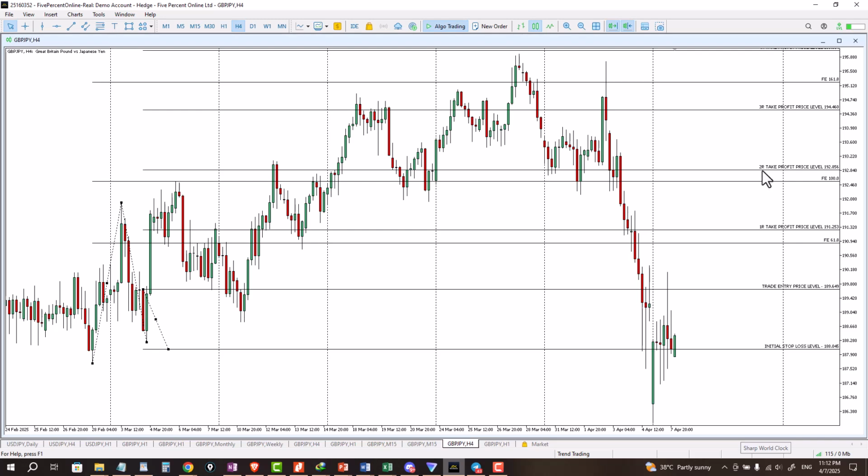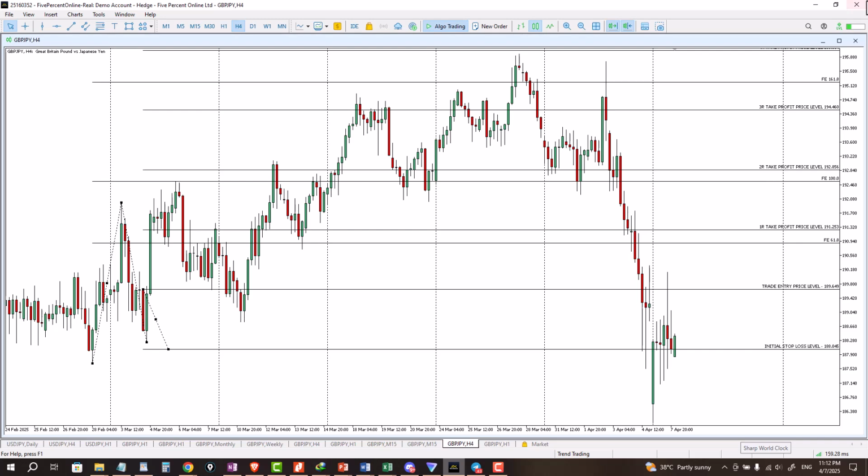But if you're using a tight stop loss, I would prefer for you to have at least a 1:3 risk to reward ratio for your profit targets, because that will make it more worthwhile. Because remember, your win rate is going to be very low if you are using very tight stop losses. So if your win rate is very low, the only way you can balance that is to have very, very big profit trades.